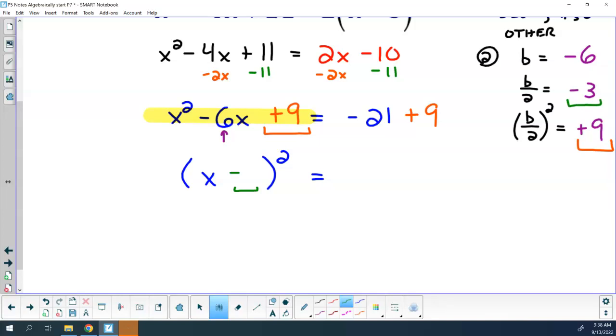So this is x minus 3 quantity squared. If I were to multiply out x minus 3 quantity squared, it'd be x minus 3 times x minus 3, which would be x squared minus 6x plus 9. Always happens. That's the cool thing about completing the square: the two numbers that you use to find it are used in the problem. Negative 21 plus 9 is negative 12.